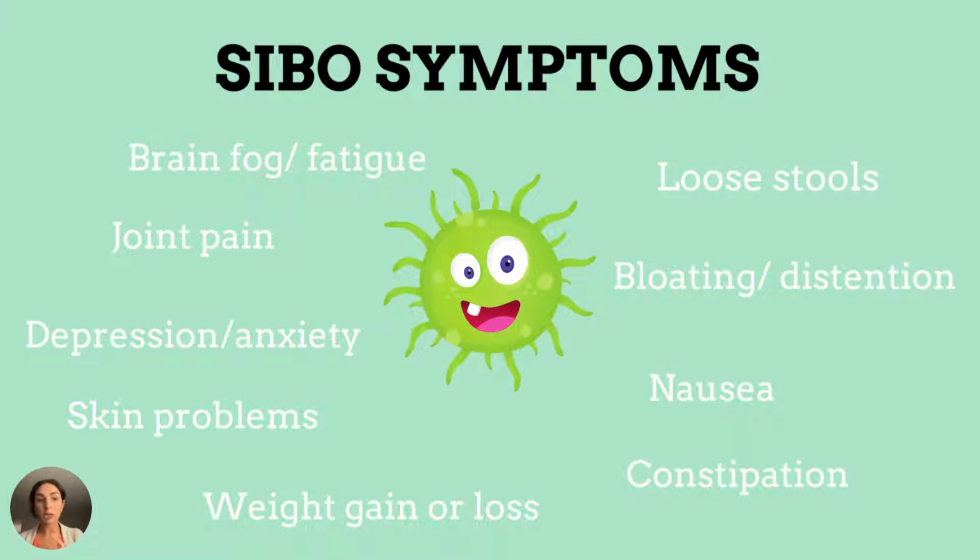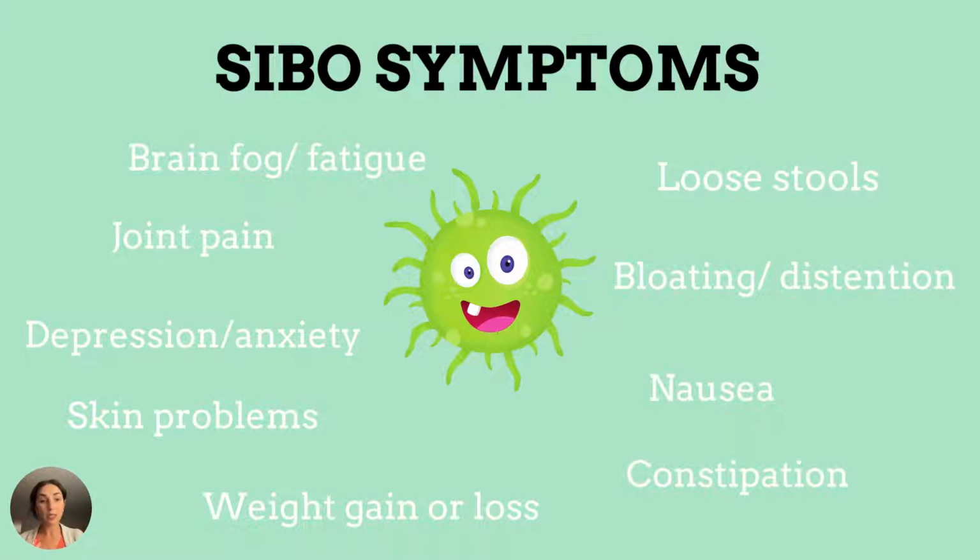We also have depression and anxiety because of that strong gut-brain connection, that our microbes are sending information up to our brain via the vagus nerve and via neurotransmitters, and that can affect our anxiety and depression. Skin problems because of that increase in gut permeability, that disruption in your metabolism, will also increase skin problems from SIBO.